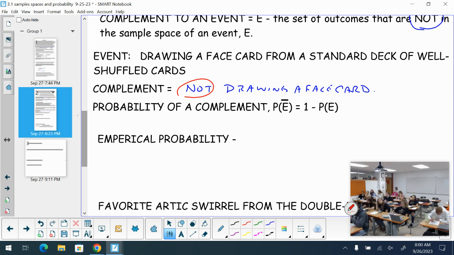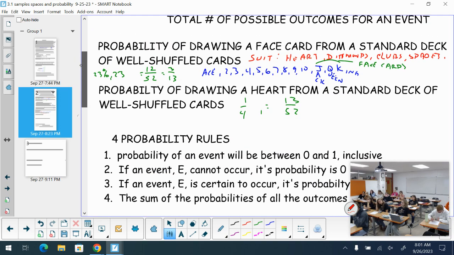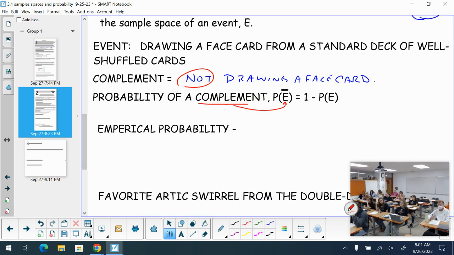How we symbolize a complement. We put a little bar above it. This means the complement event. Okay? And the complement is equal to 1 minus the probability of the event. So the probability of us drawing a face card was 3 out of 13.